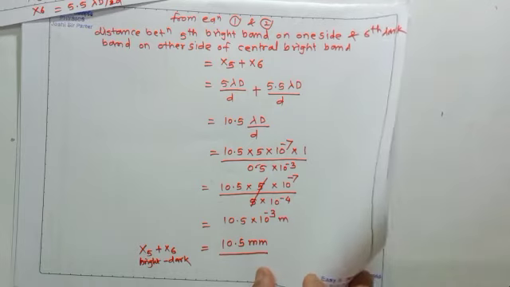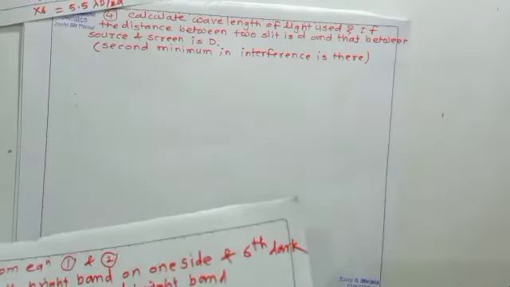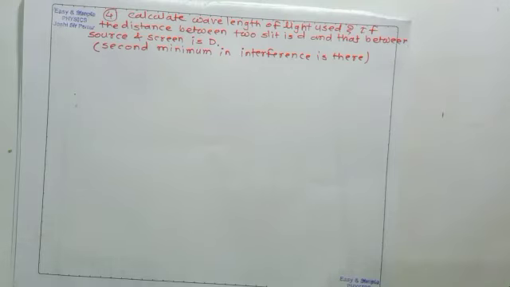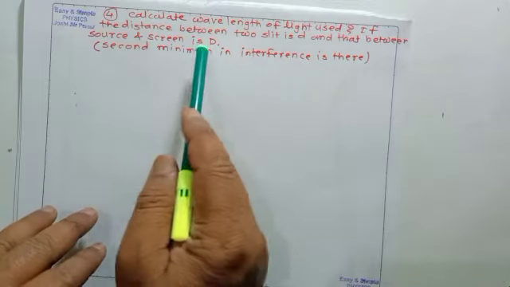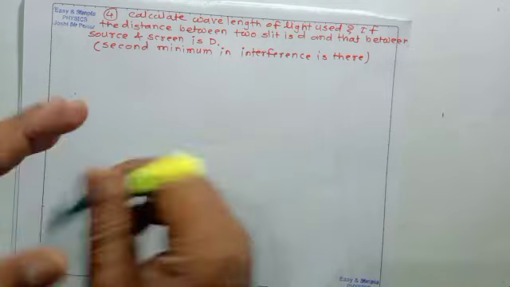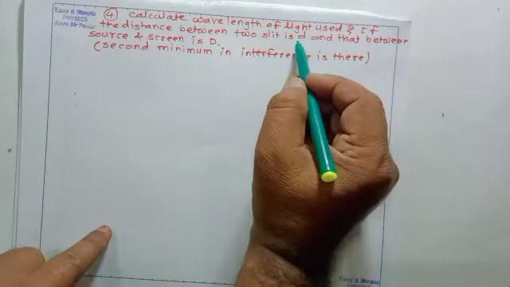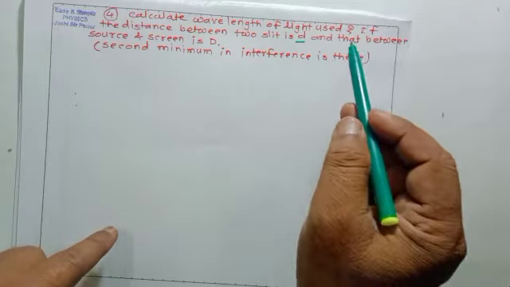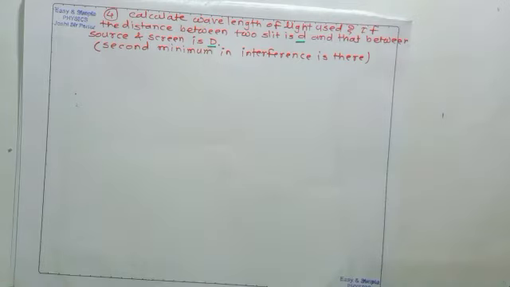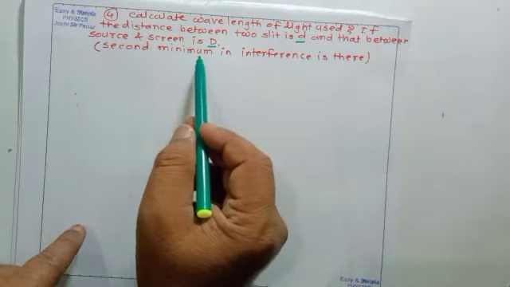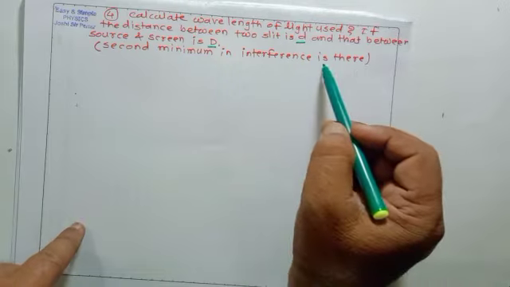Again, if we solve question number 4 or example number 4, in this fourth example we can calculate the wavelength of light which is used if the distance between two slits is small d and that between source and screen is capital D. There is a case where the second minimum in interference is there.